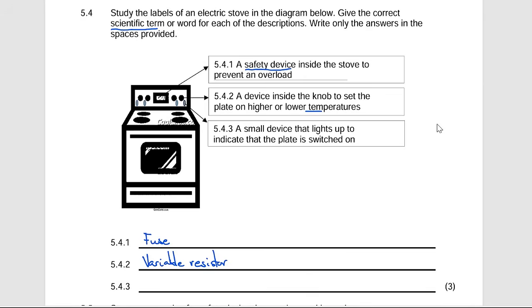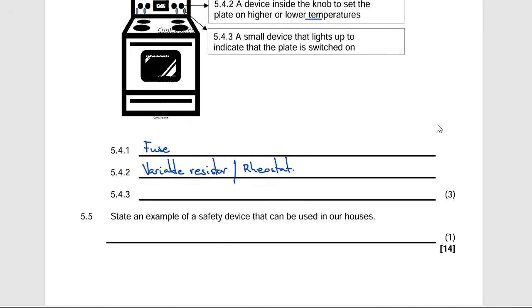So it's referred to as a variable resistor. At times they can refer to it as a rheostat.